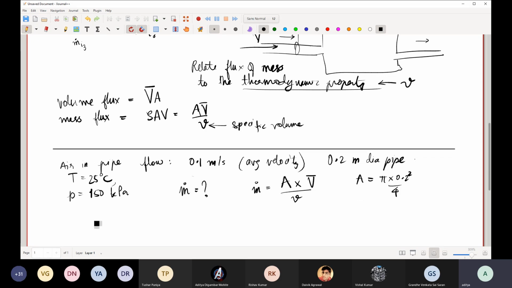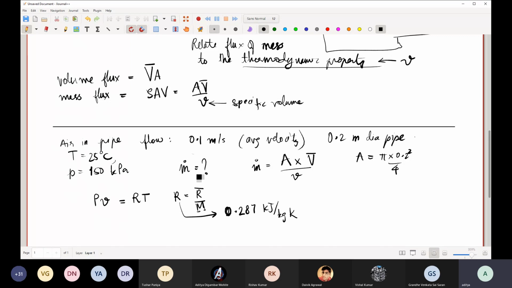And the specific volume. We will use P times the specific volume is equal to R T, where R is the universal gas constant over the molecular weight of air. So this R for air is 0.287 kilojoule per kg Kelvin.